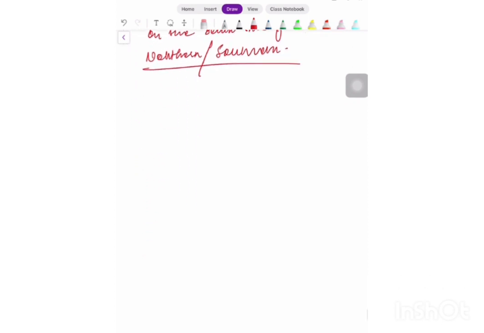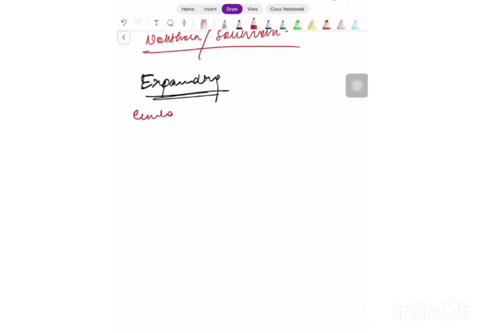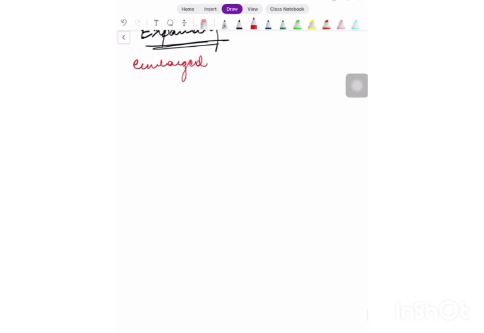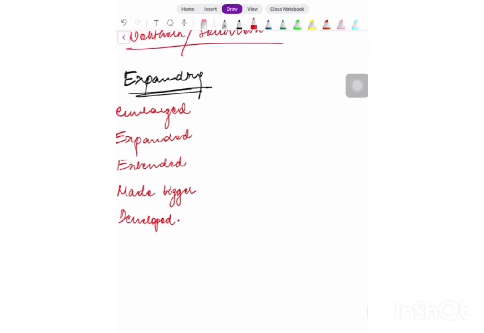Now if you want synonyms for expanding, because there will be words used for expanding, what are the synonyms that you can use? Enlarged, expanded, extended, made bigger, developed. So these are the vocabs or synonyms you can use for the word expanding.